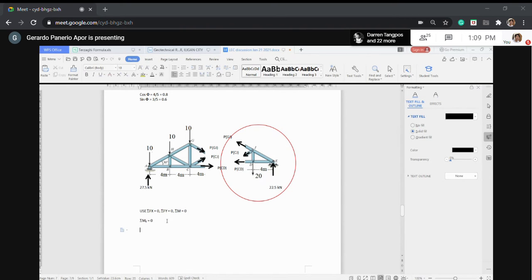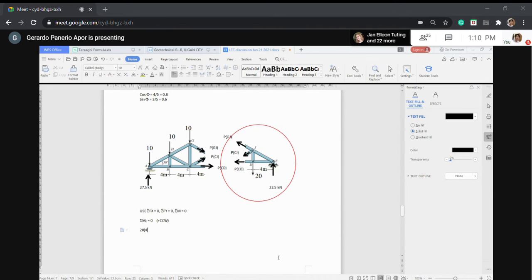So if I use positive CCW, meaning positive, it rotates in a positive manner. Why? Because it is counterclockwise. If you put your index finger at 20 and imagine how 20 is rotating about your index finger, it rotates in a counterclockwise manner. So therefore, that's positive because that's our sign convention.